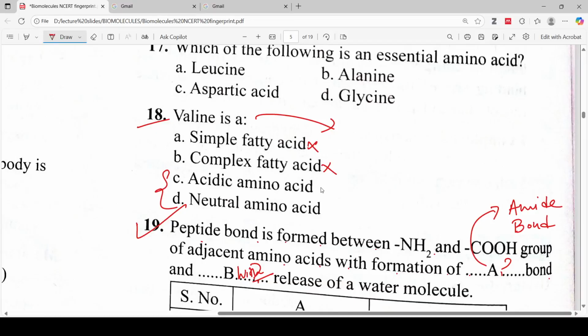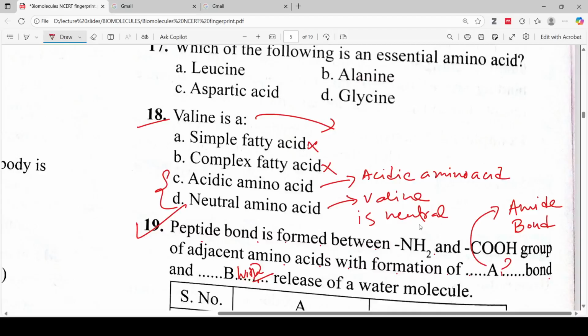It is not an acidic amino acid. That's why it's not the correct answer for this question. Valine is a neutral amino acid. Another example of neutral amino acid is glycine.